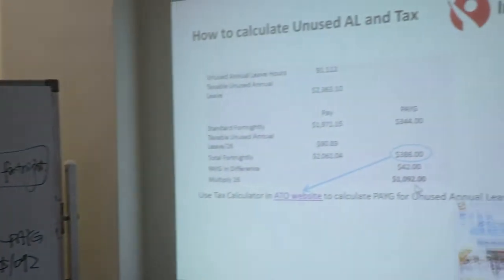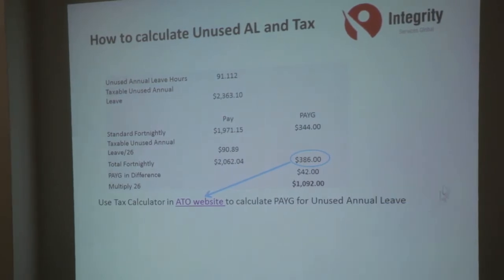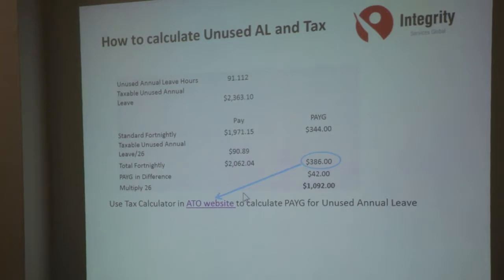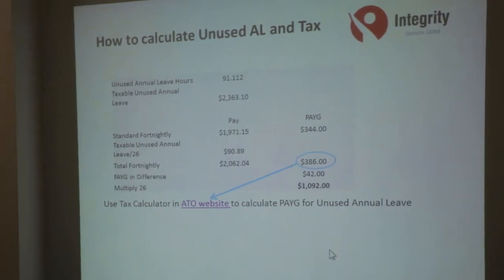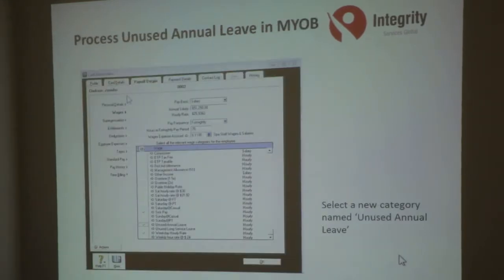So now we show here. This is our total number here. Is that clear? So this is the unused annual leave, and the second part is the ETP part.